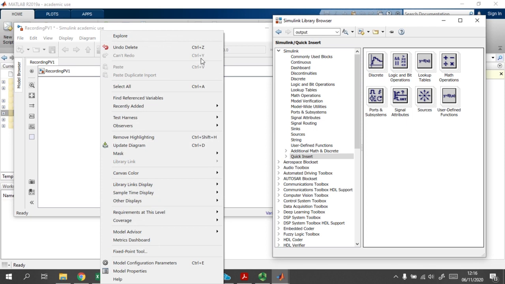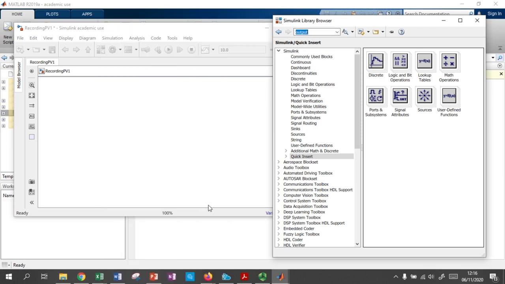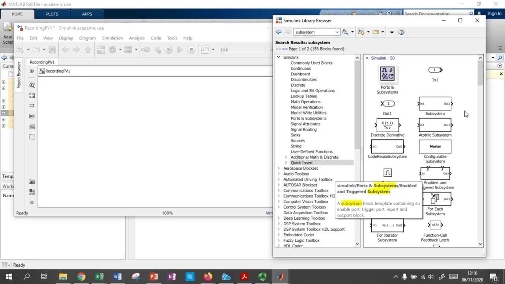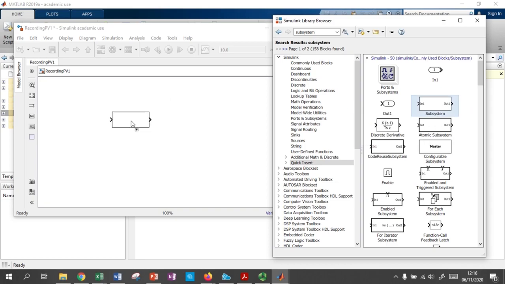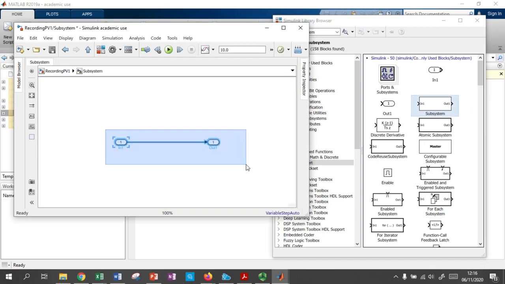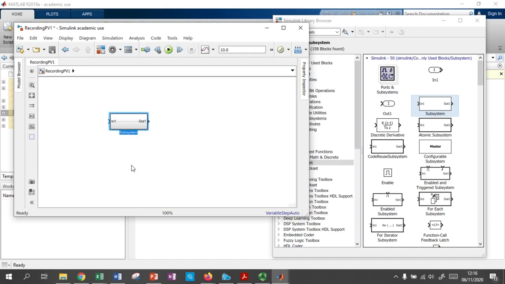Then I will go to this one, this is subsystem. In the subsystem we will open this one. Then we have this subsystem. But before that, I will change its name to the PV array.